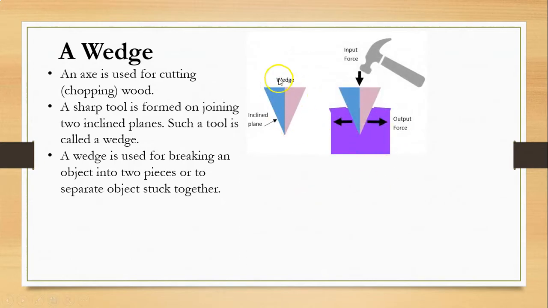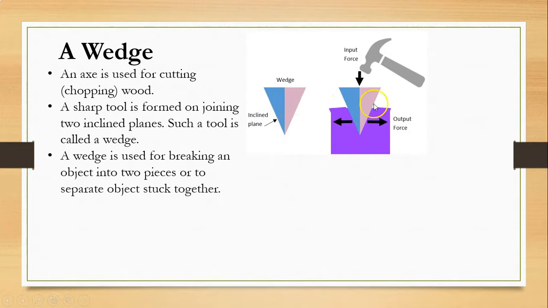Let's see this. So this, my dear students, is a wedge. If you see, it can be divided into two parts, and this is one inclined plane and this is one inclined plane. See, this side is inclined. So when two inclined planes are joined together, we get a tool, and that tool is called a wedge.